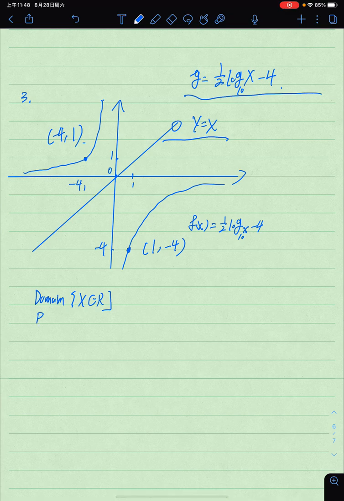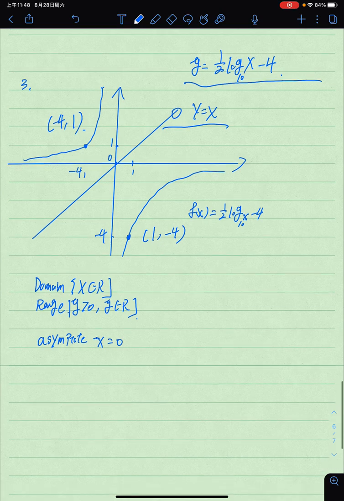The range is y greater than 0, and y belongs to real numbers. The asymptote is still the y-axis, so the asymptote is x equals 0. So here's the final answer to the third question.